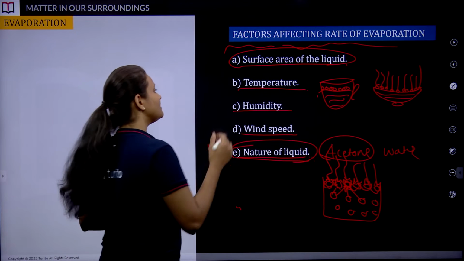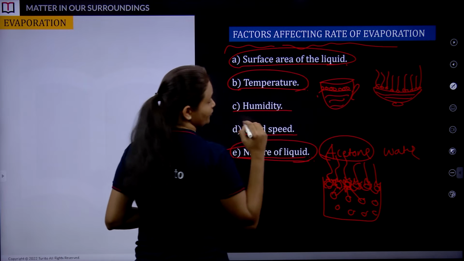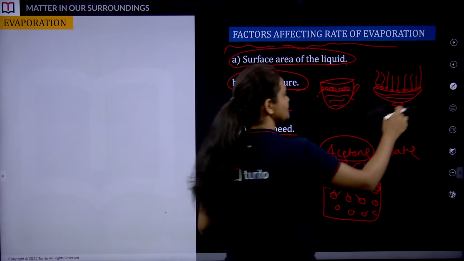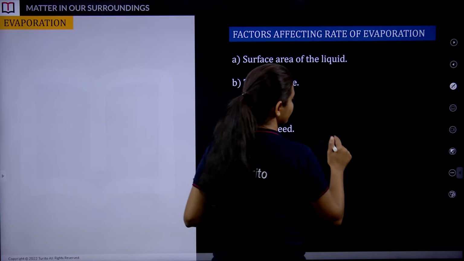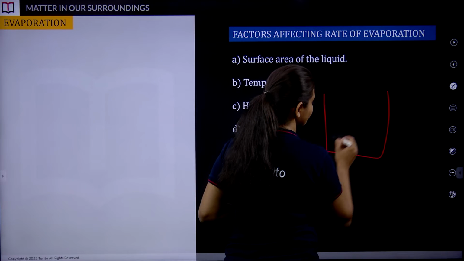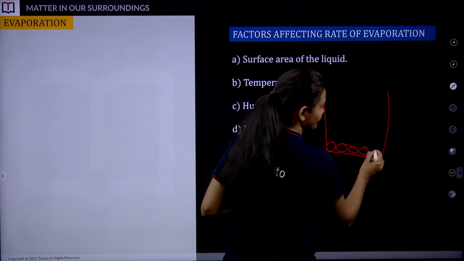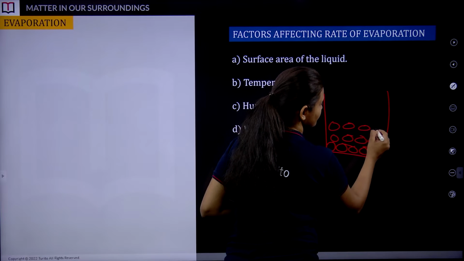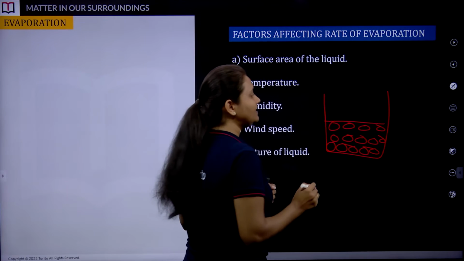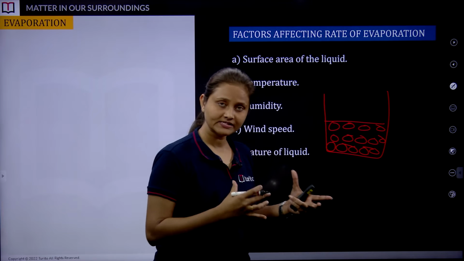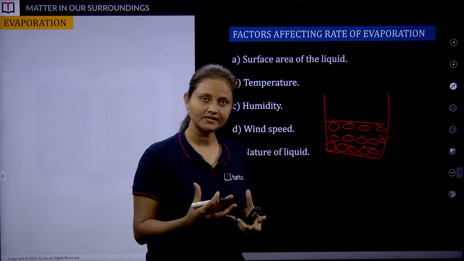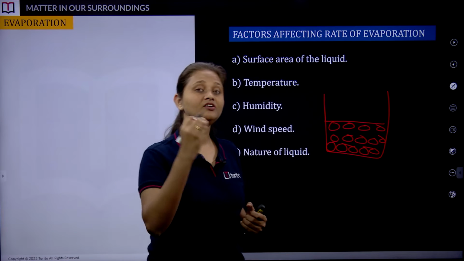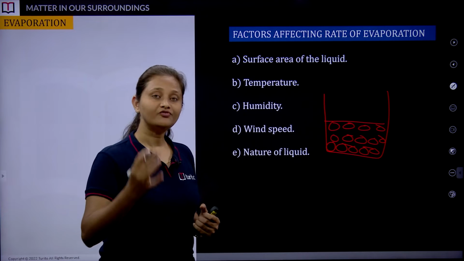All right. Coming towards the next factor, that is temperature. I'll explain this part here. Suppose we have some liquid, and if the temperature of this system is increased, there will be more collisions, and because of that, energy or heat transfer is going to get faster.